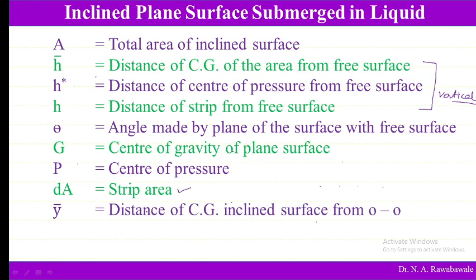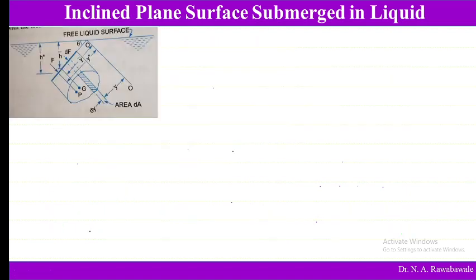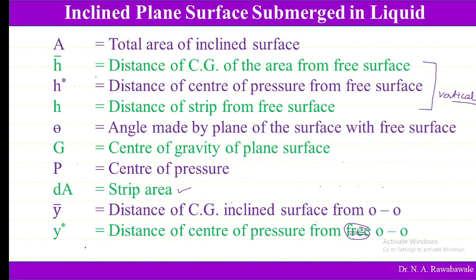Then y bar is the distance of the center of gravity of the inclined surface, measured along the plane of the surface. So this is the inclined distance, whereas y star is the distance of the center of pressure from the datum line OO. Then y must also be written. What is y? y is the distance of the strip from OO.